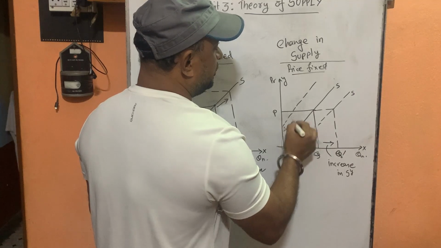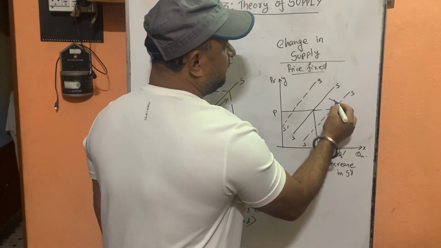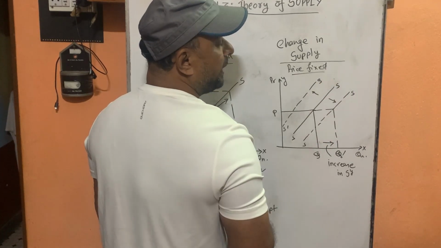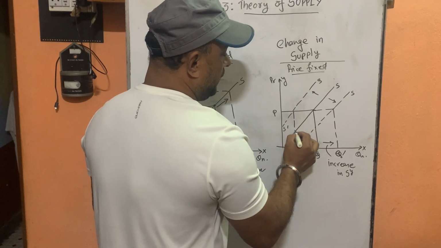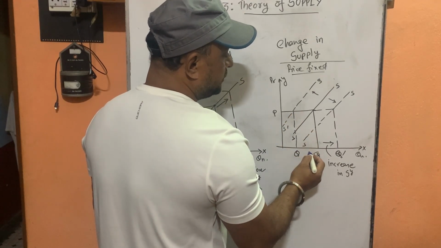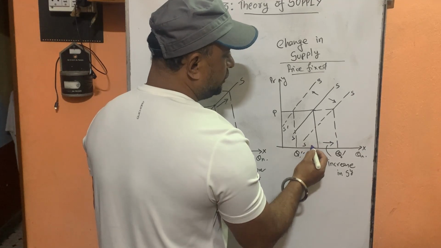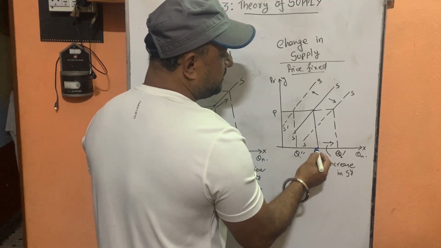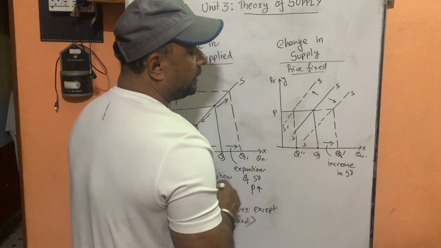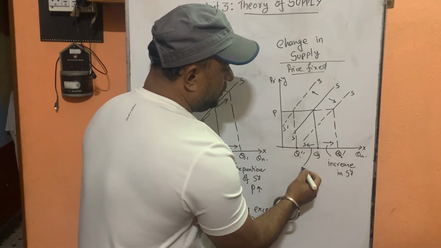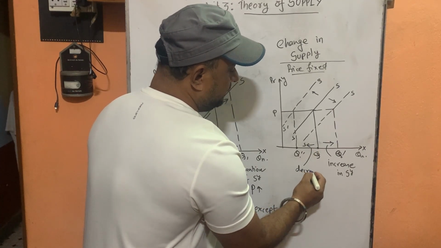Then the supply curve will shift backward. Here it is shifting forward, here it is shifting backward. Then quantity of supply reduces to Q double dash. Earlier supply was this much, now supply decreases to this one. This one is called decrease in supply.